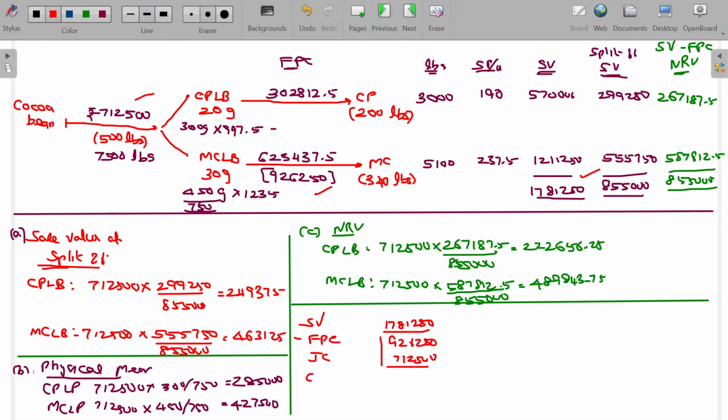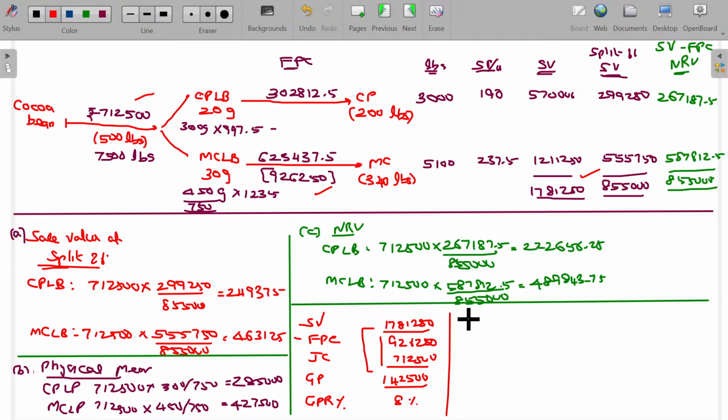Subtract these two to get the GP, 1 lakh 42,500. Find out the GPR, 8%. GP by sales into 100. 1 lakh 42,500 divided by 17 lakhs 81,250. This is the GPR.